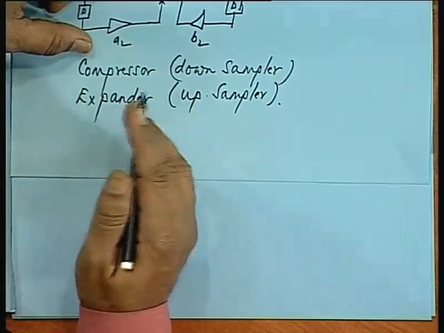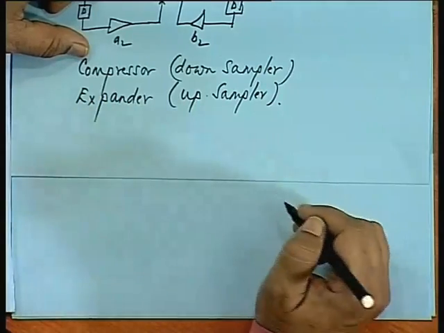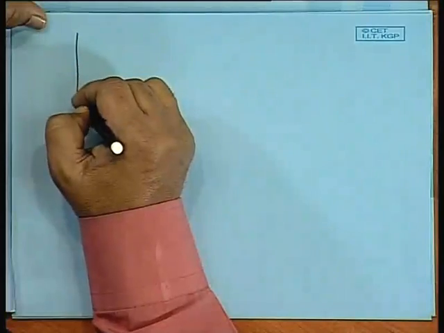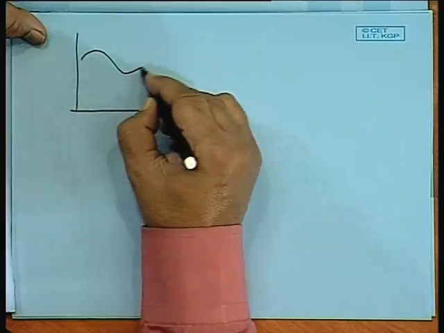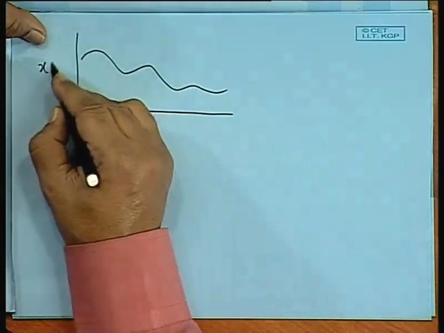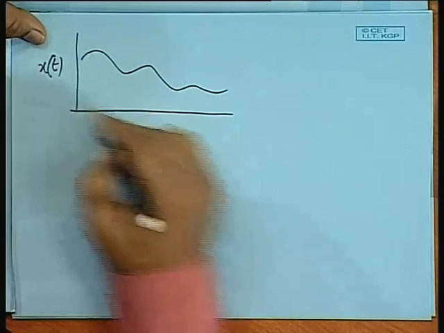When we compress it, suppose, okay, let me take the signal here. There is a signal here. This is the continuous domain signal x t.